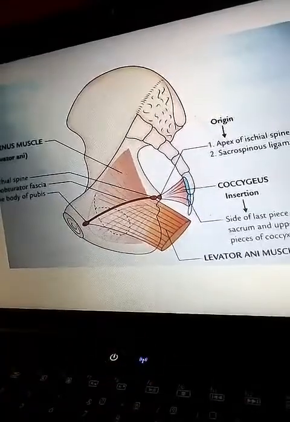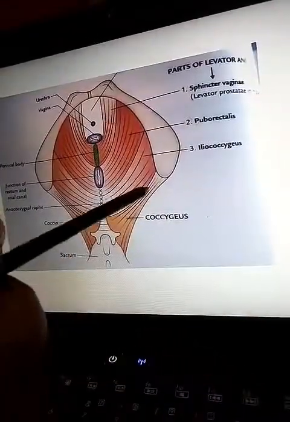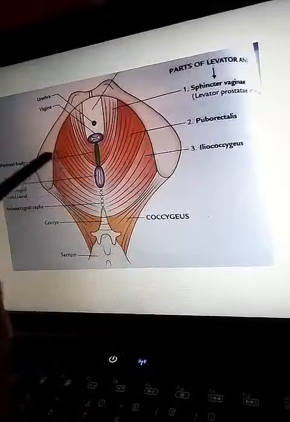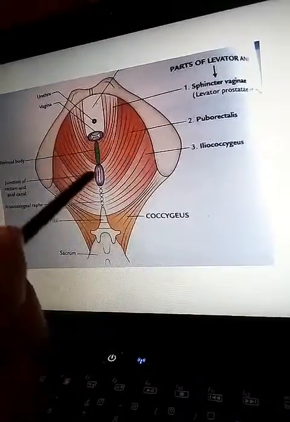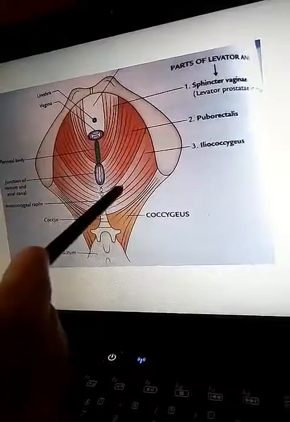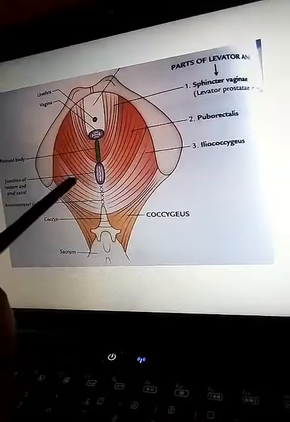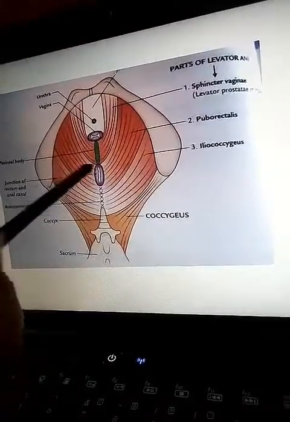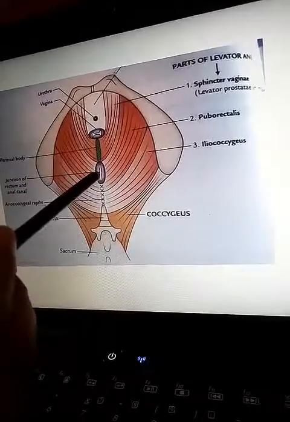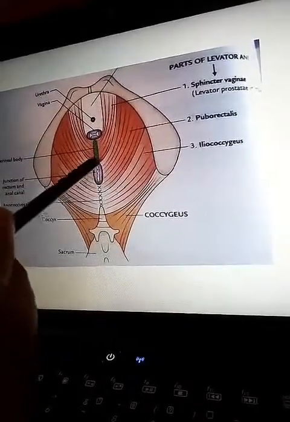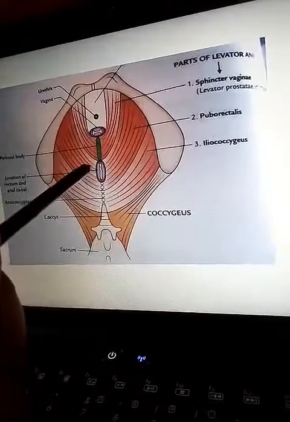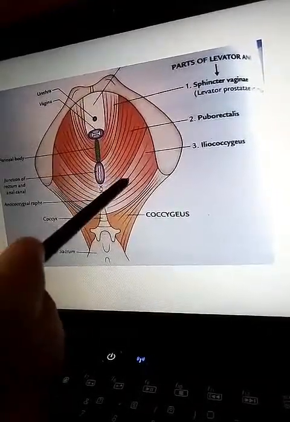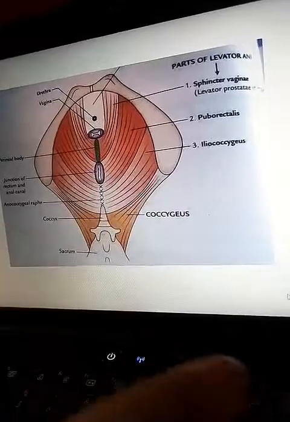They slope from side walls of the pelvis towards the median plane. This is the right levator ani, this is the left levator ani, where they fuse in the median plane to form a gutter-like floor of the true pelvis and separate the true pelvis from the ischiorectal fossa.